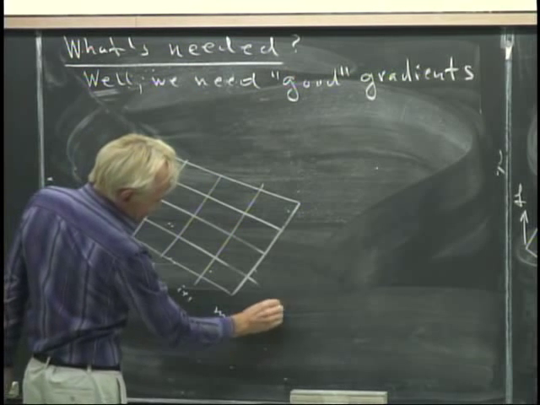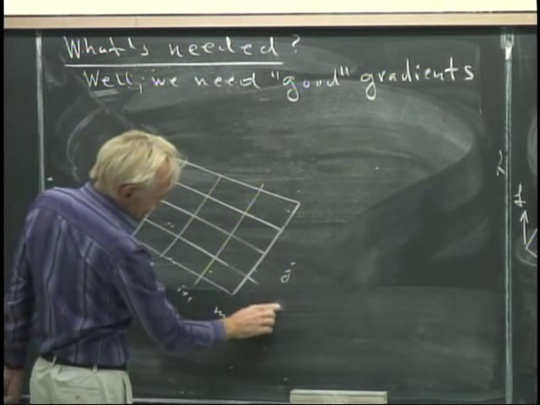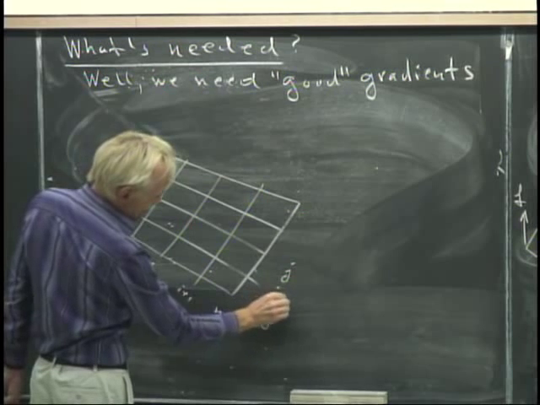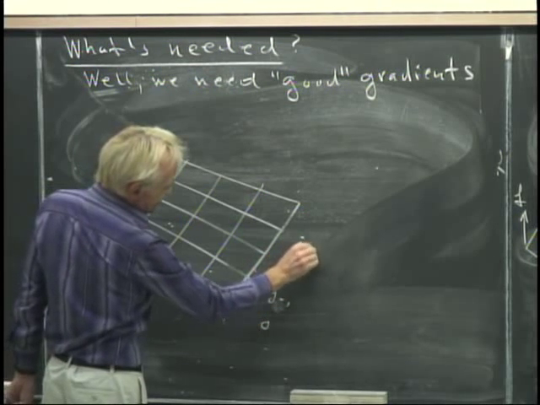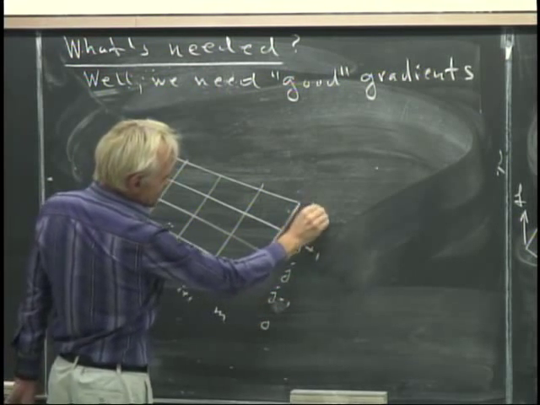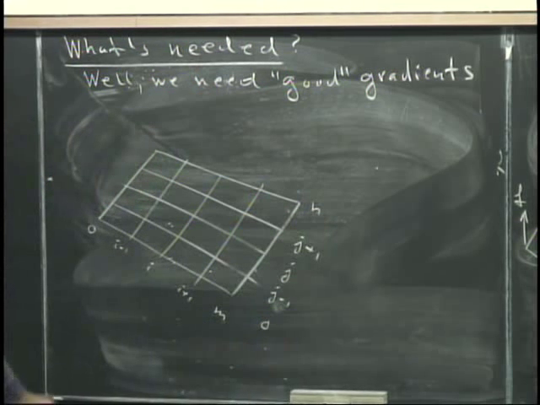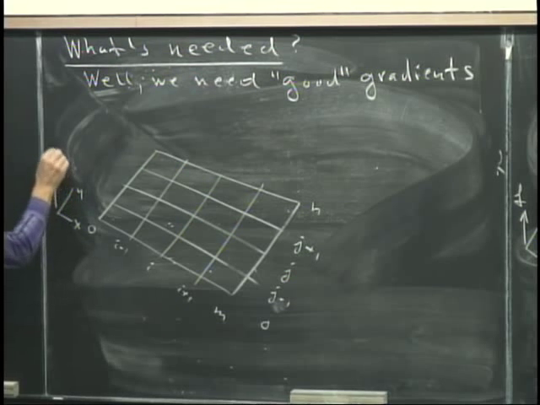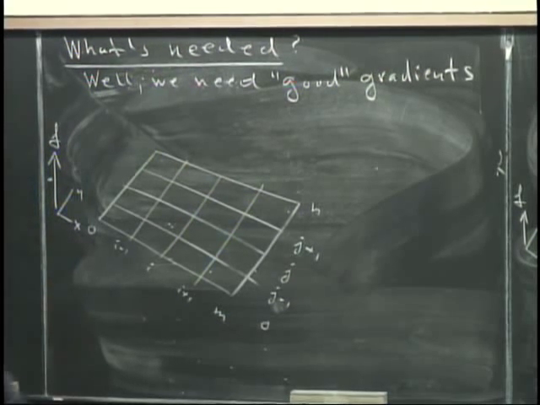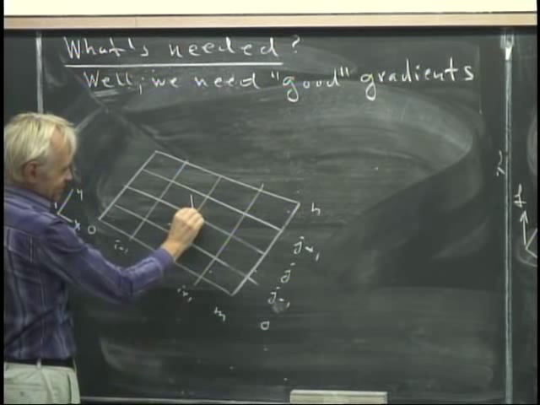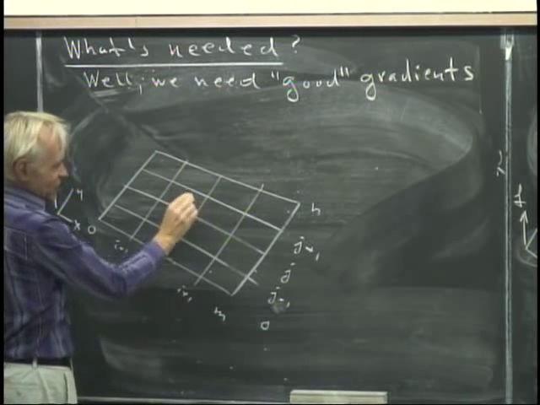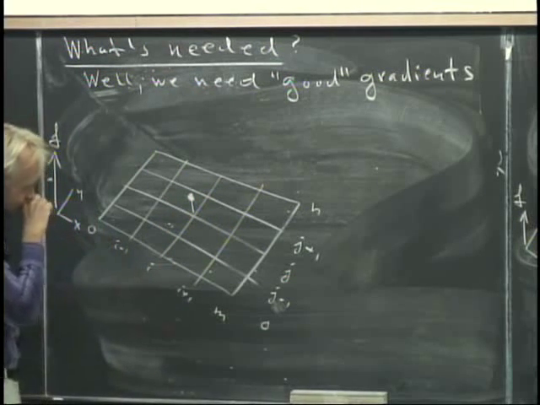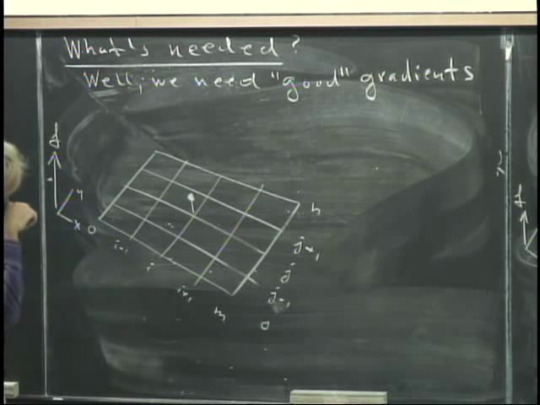This is 0, 1, j minus 1, j, j plus 1, and the last one here might be n. So this is the xy direction, and this is the function direction f. And what I need is a derivative for this point. Okay. How do I get the two derivatives at this point?